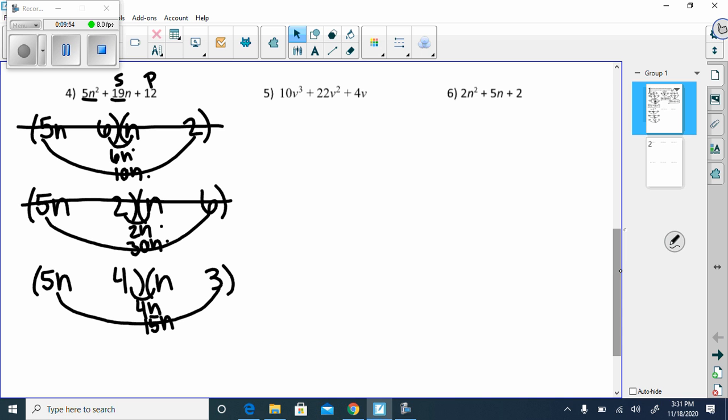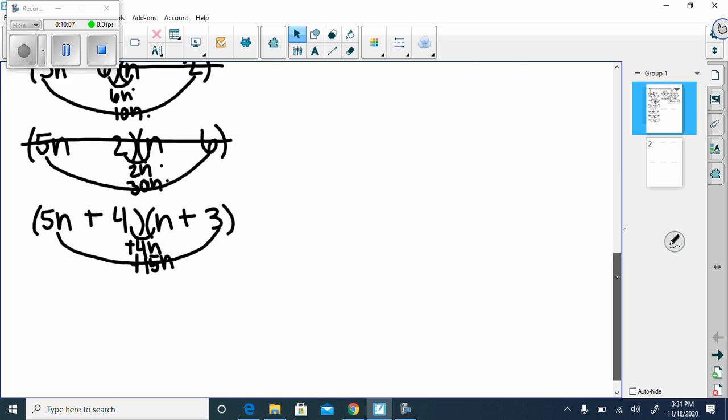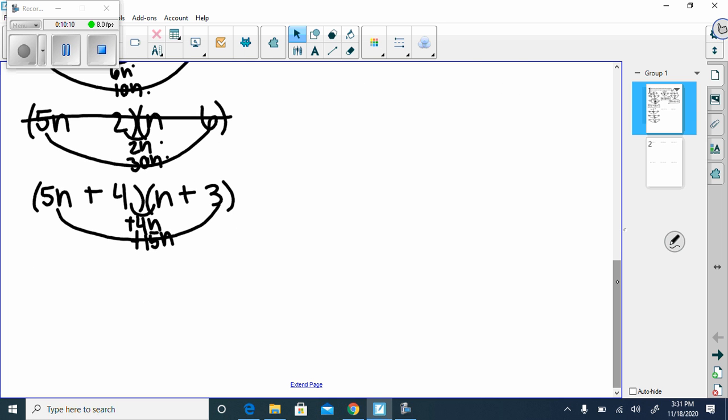And I need to add these together to get positive 19. I can do that as long as both of these terms are positive. So I found my factors, and they both need to be positive. So my final answer would be 5n plus 4 times n plus 3.